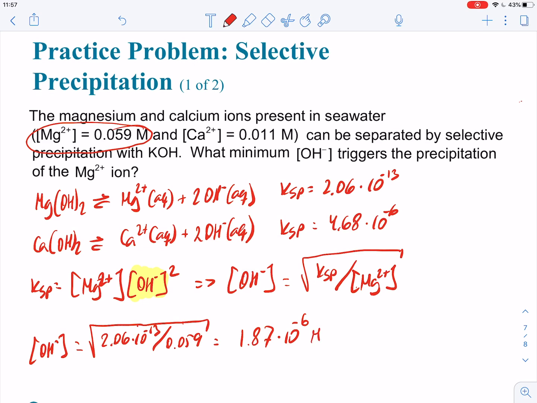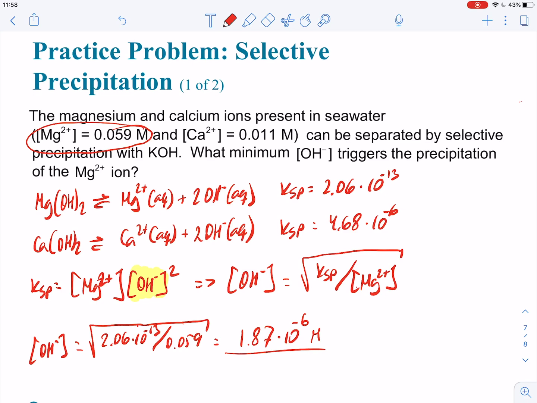We can convert this to pH, but it's not required; just the concentration of OH is fine. That is the concentration of hydroxide that you need to precipitate magnesium. Okay, so that answers the question.